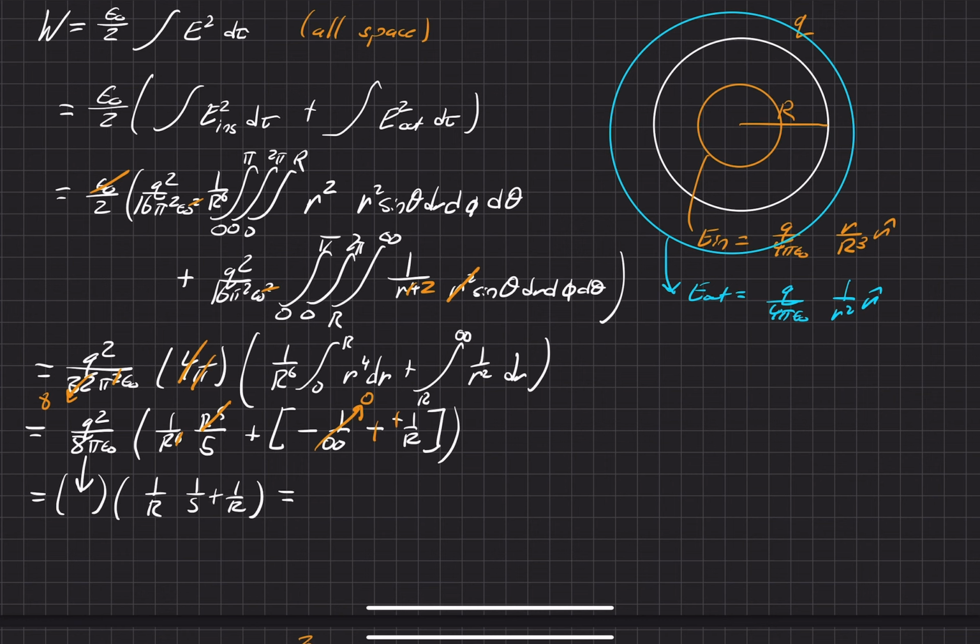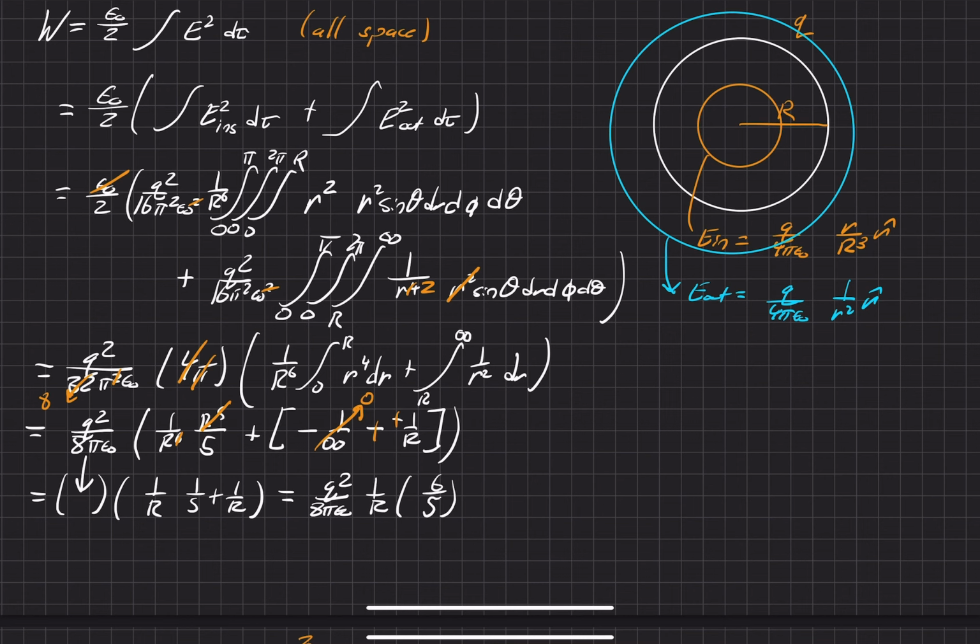And already we're getting really close to the answer. So we can pull out that 1 over r that's in the parentheses. So q squared, 8 pi epsilon naught, 1 over r. Everything on the inside, that's 6 over 5.